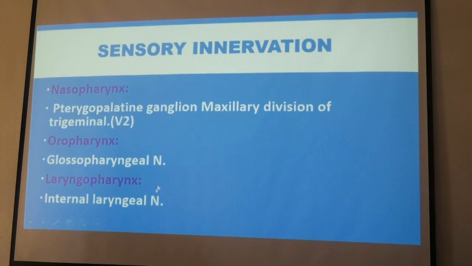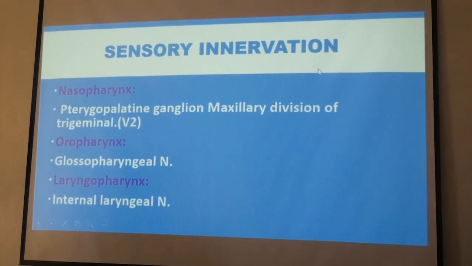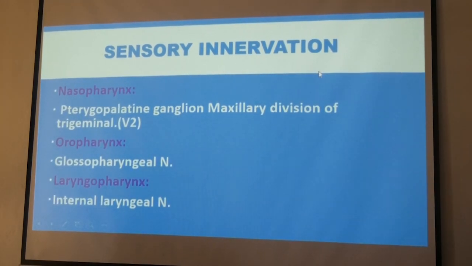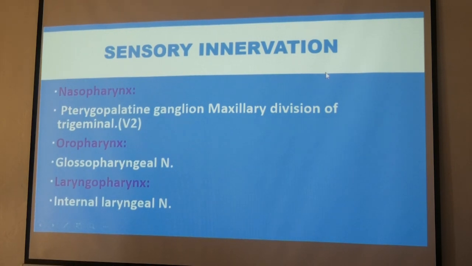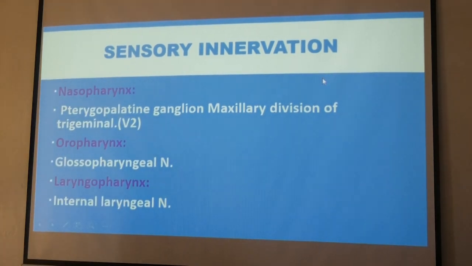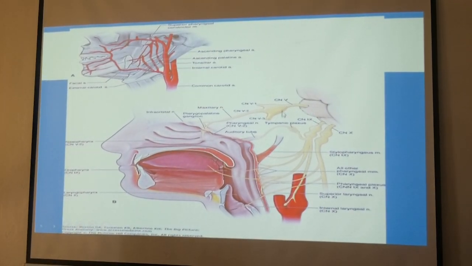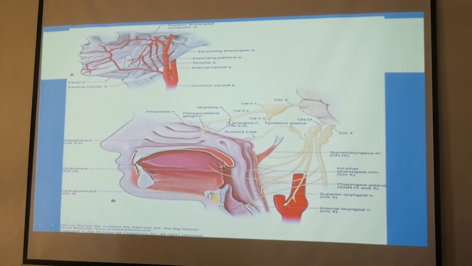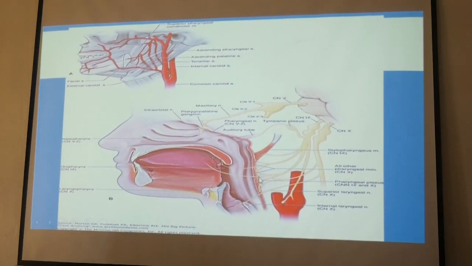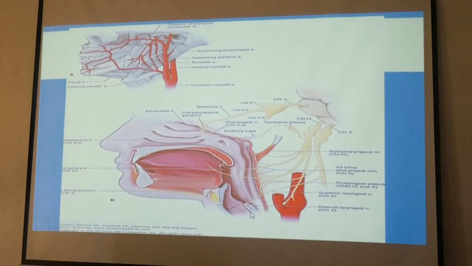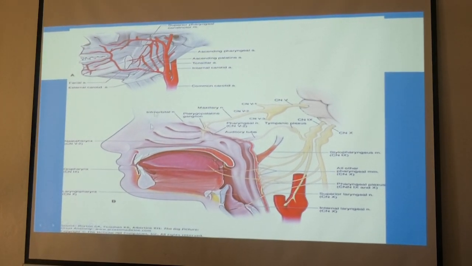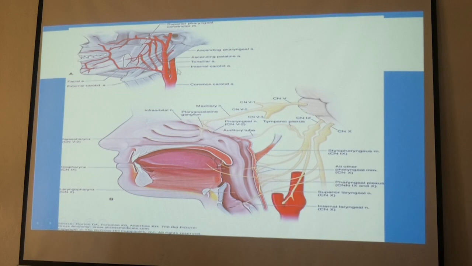The laryngopharynx has the same general sensation: pressure, touch. So this is the nerve supply. This part is by the maxillary nerve, and here it is the internal laryngeal nerve.